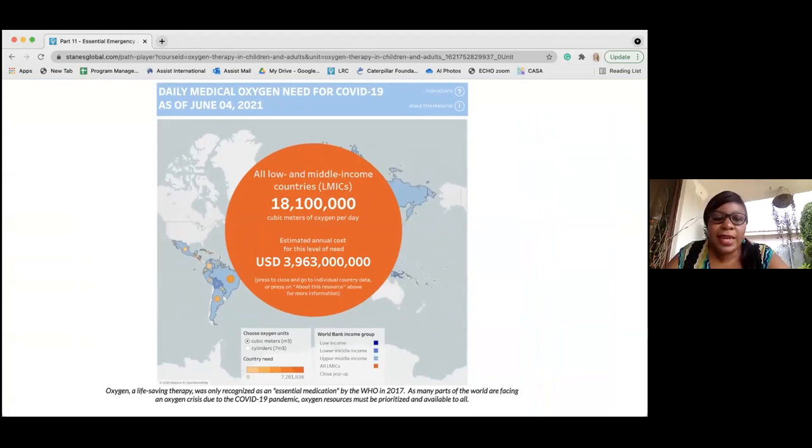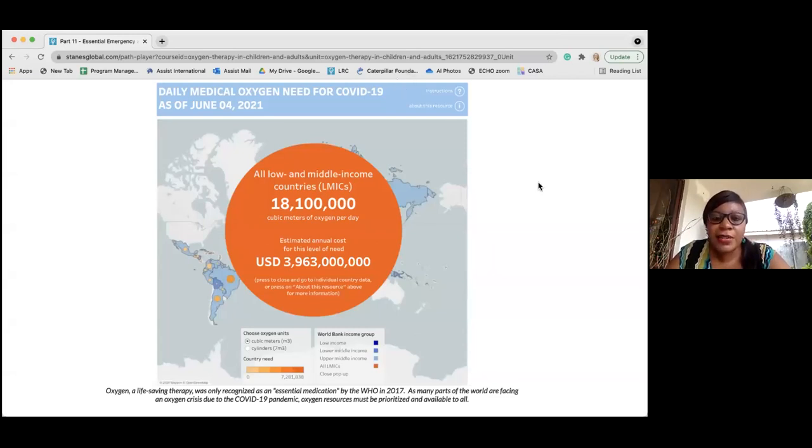As of June 4th, this was 18.1 million, 18 million actually, 100,000. But if you look at the data as of November 17, from the oxygen tracker, we're looking at 8.3 million cubic meters of oxygen supply needed per day. So that is the latest update from 17th November.